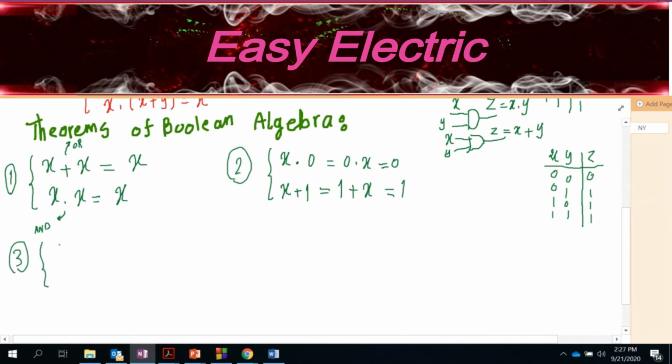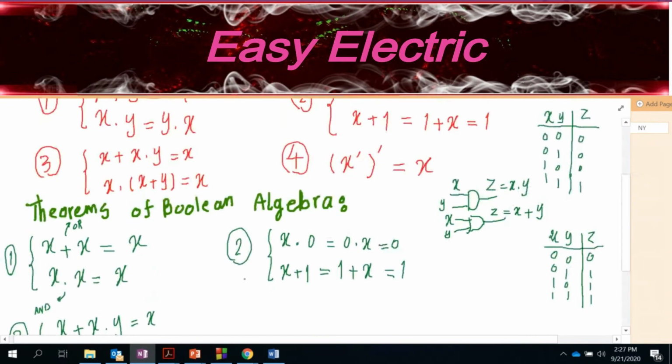Number three is this. If you say x or x and y, it should be equal to x, and also x and x or y is equal to x, okay? So this is actually what we mentioned in the postulate.